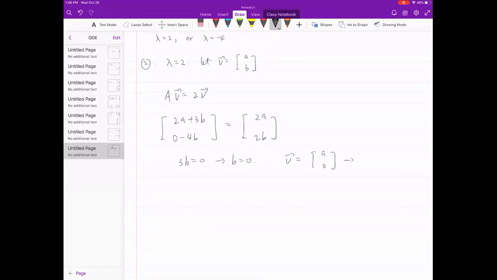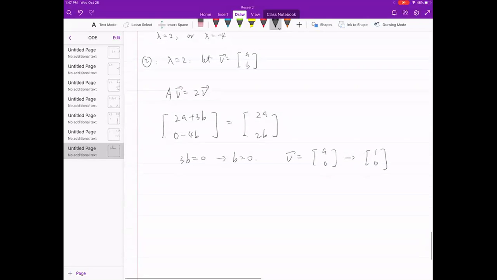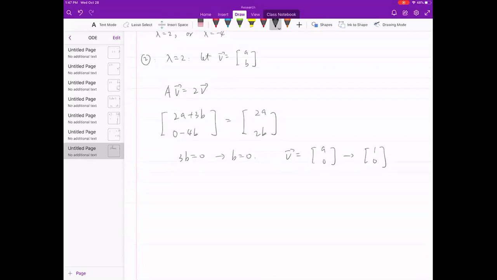So we have (1, 0) times A. This A is just a constant. So first solution: this e to the 2t (1, 0) will be my first solution.